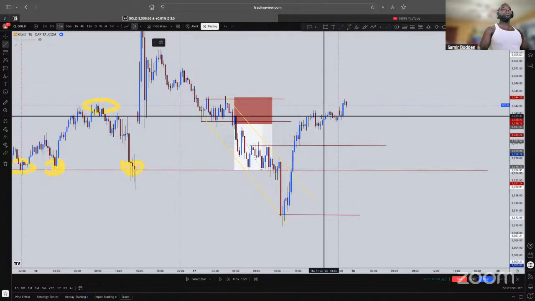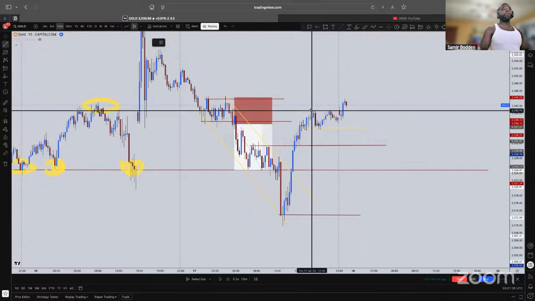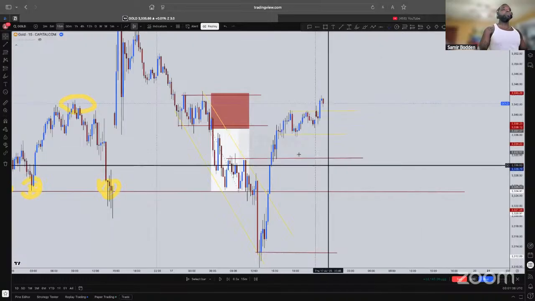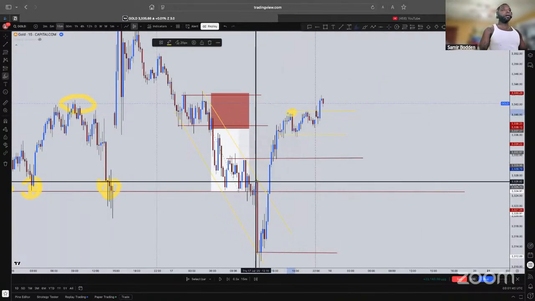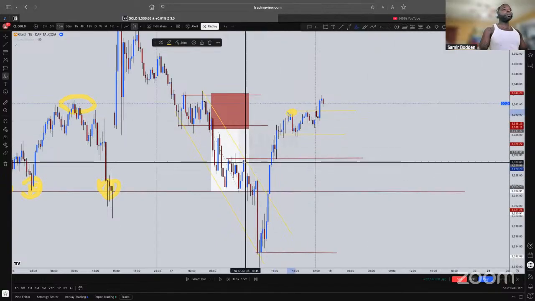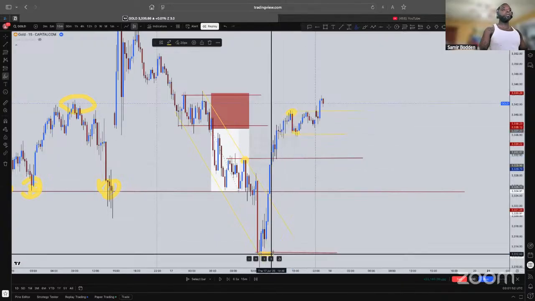So we create this level as support right here. Boom. And we create this as resistance as well as a higher high point, because this is higher than this lower high point. And then we got a higher low point here because it's higher than this point.